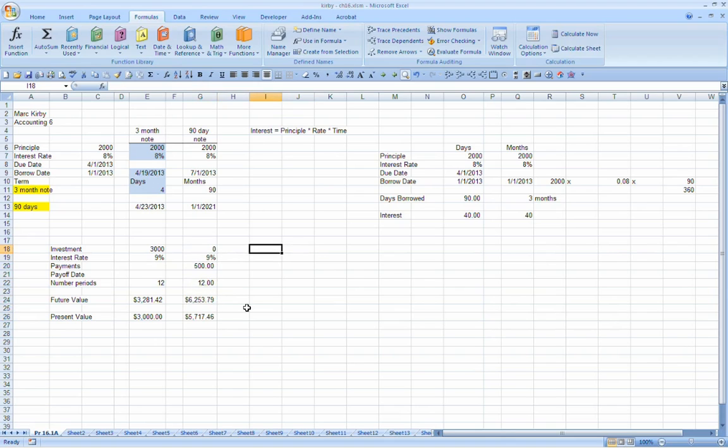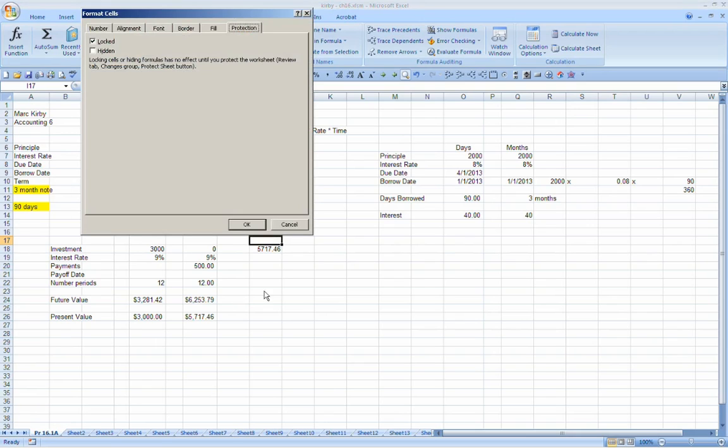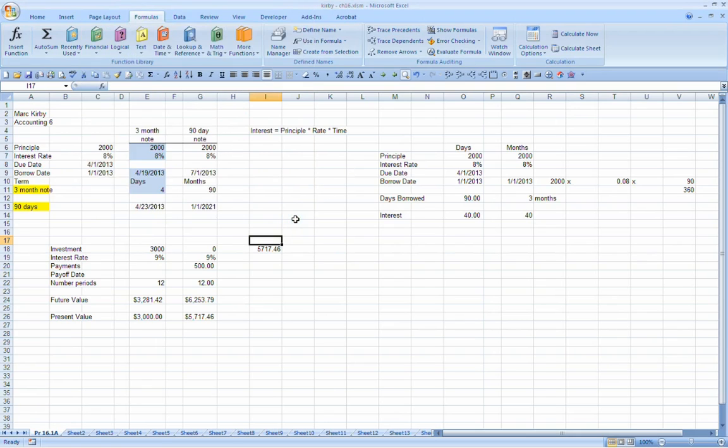Okay. If I have $5,717.46 principal, I hit the wrong key, stuff pops up. Principal, and my interest, and my payment, and my balance.